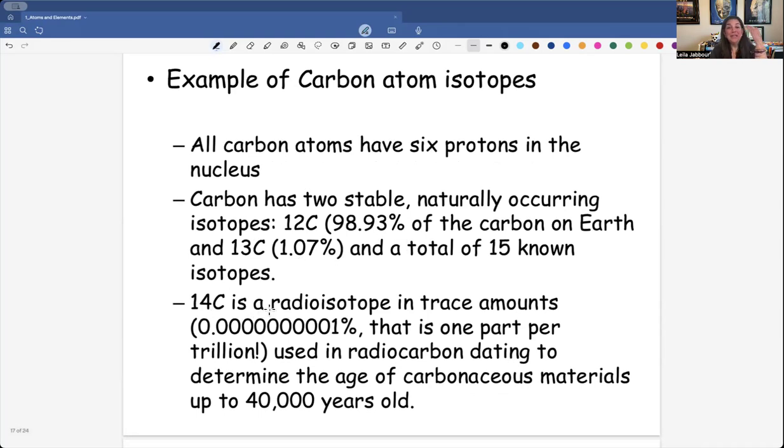Carbon-14 happens to be the radioisotopic carbon, and this is found in really trace amounts, 0.00000000001%, so 1 part per trillion, and it's used to date artifacts that have carbon in them.